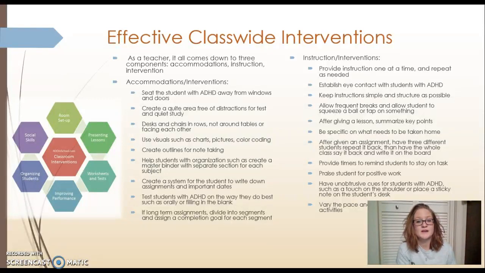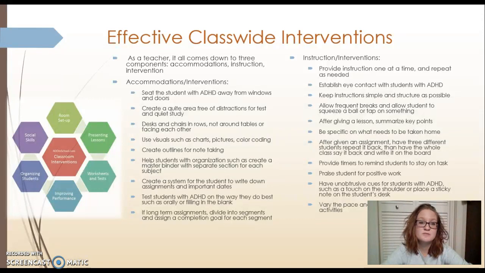Help students with organization, such as creating a master binder with separate sections for each subject. Create a system for a student to write down important assignments and due dates, and help the student keep track. When providing tests for students with ADHD, it is important to do it their way, whatever best fits their needs.